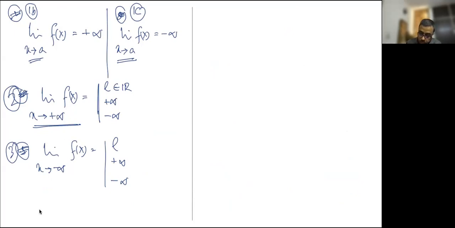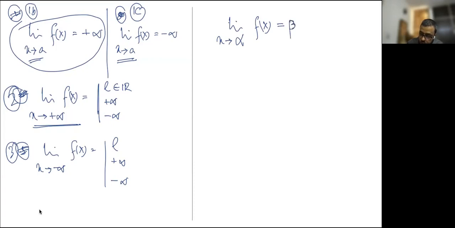So let's look at 1b, for example. So the general nature of the definition, let me maybe write that at this stage. Right now, I'll use Greek letters instead of Roman. So alpha and beta could stand for any extended real, let's say.